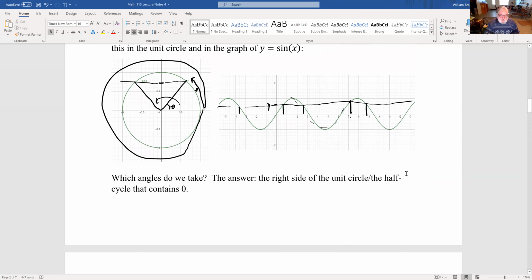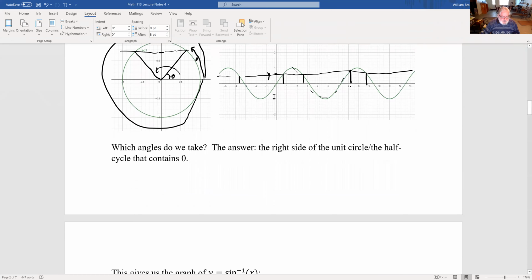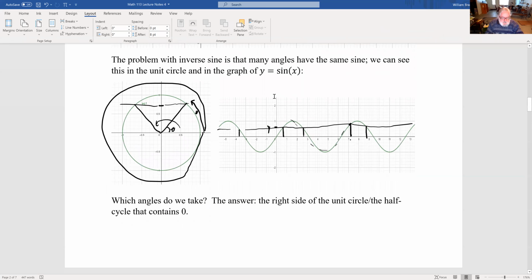And what we do is we pick the right half of the unit circle. Let me draw a unit circle down here at the bottom. If we want to know what angle has this number y as its sine, we're going to take this angle, but not the one over here.